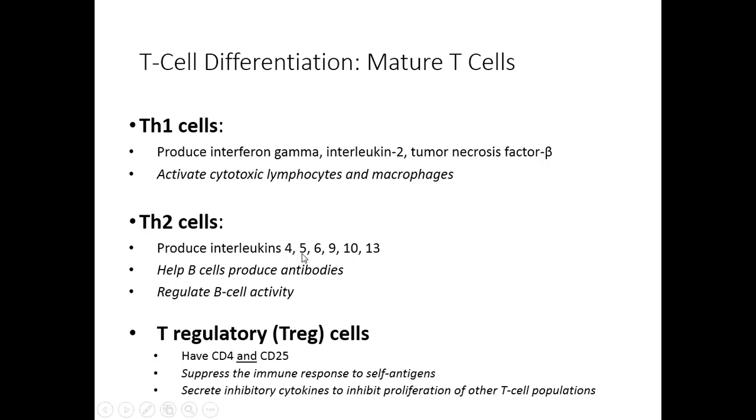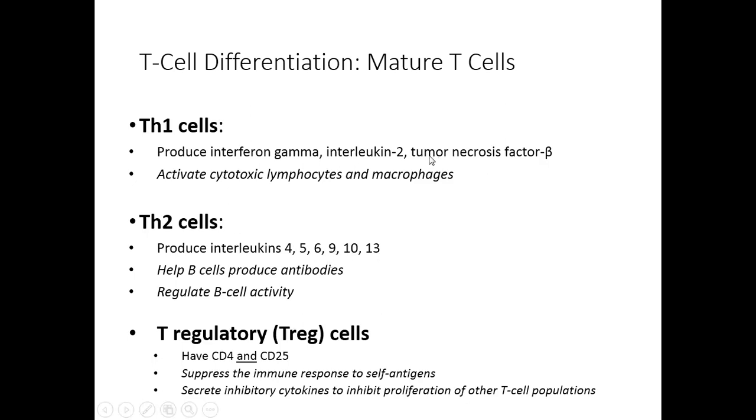T helper 2 cells, their goal is to help B cells. They're going to trigger B cells to produce antibodies, and they're going to regulate some of that B cell activity. They produce interleukins as well. Some of them are going to be redundant. This was an interleukin 2, but that's fine. They're a family of interleukins, often with similar and kind of redundant function.